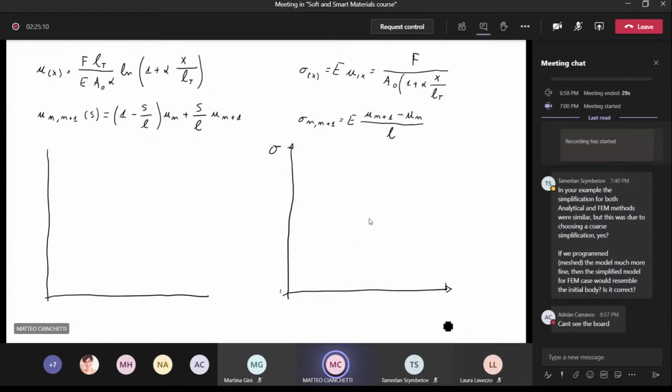So we have sigma here and x, and here we can have the displacement. This is the most difficult part. This is what we have from the analytical model.